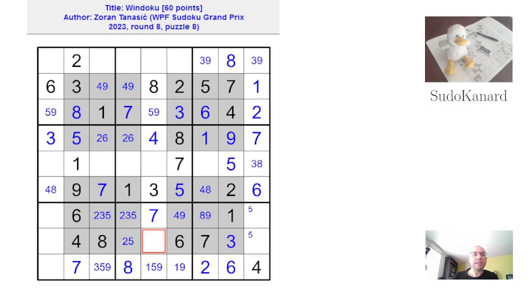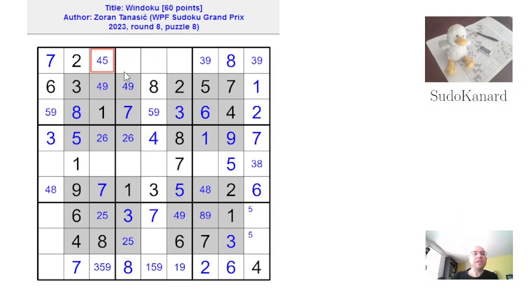So 3 inside this region can only be here. Oh, I've forgotten. There has to be a 7 in here as well. So that's the 7. This can't be a 9 because of that, so that has to be 4 or 5.